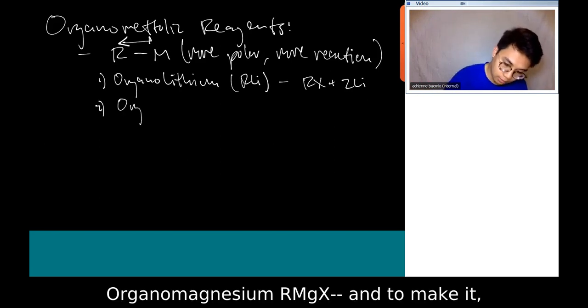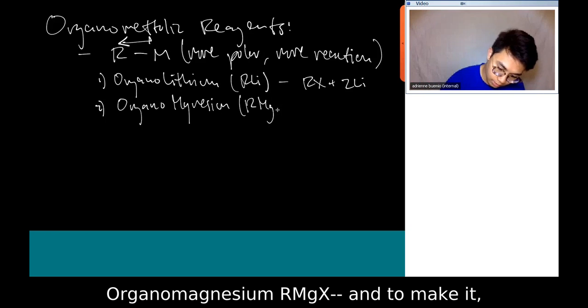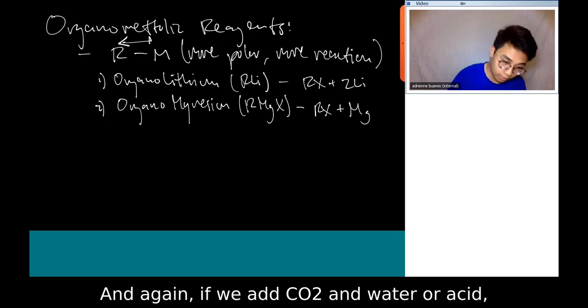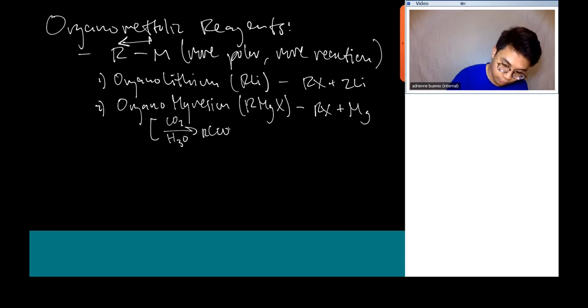Organomagnesium, RMgX, and to make it, you need an alkyl halide plus magnesium. And again, if we add CO2 and water or acid, we get carboxylic acid.